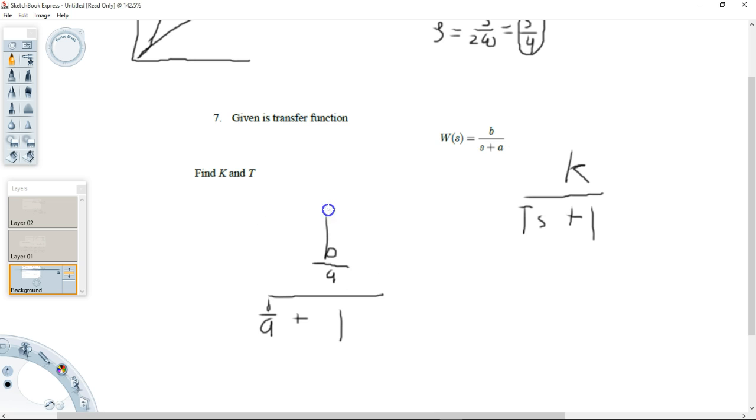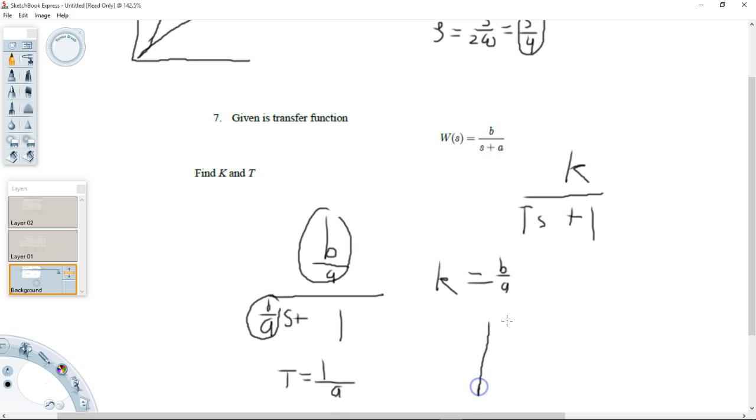So here, the b over a is your gain of the system, and your 1 over a, sorry, I forgot an s, the 1 over a is your time constant. And to recap this, what it would look on the curve is something like this.